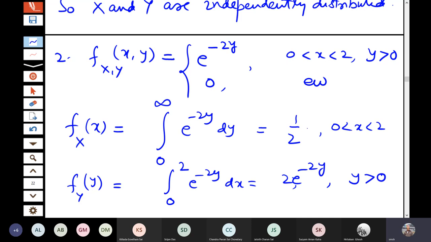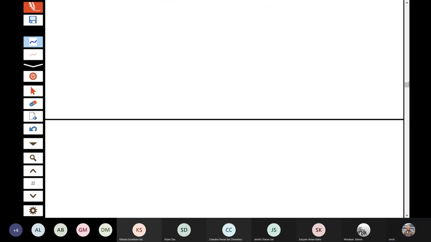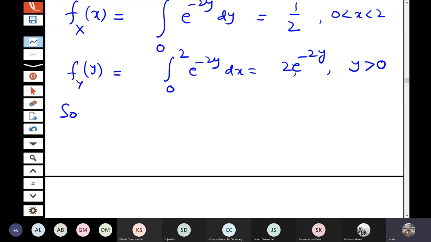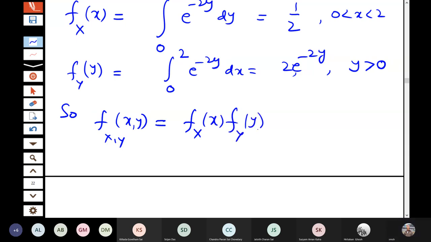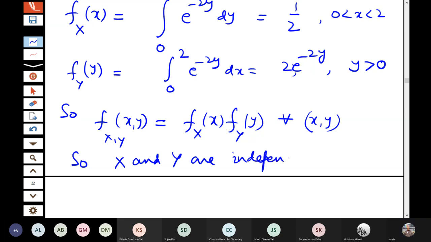Again you can see that the product of fx and fy gives you fxy. So you can see that x and y are independently distributed here.